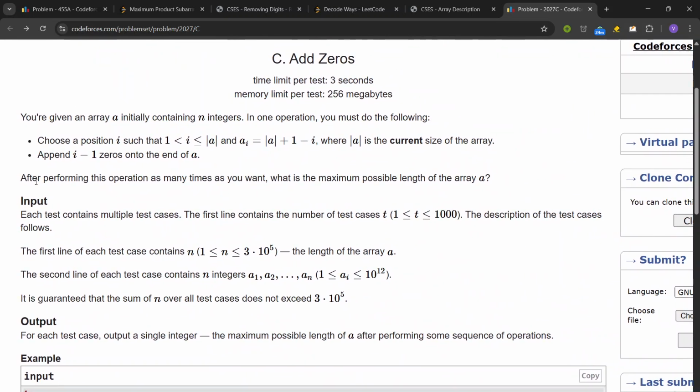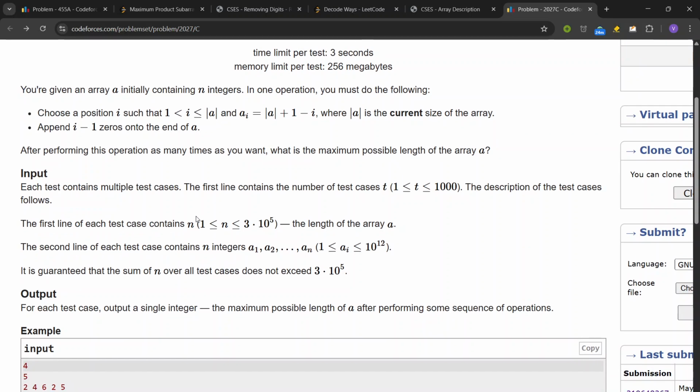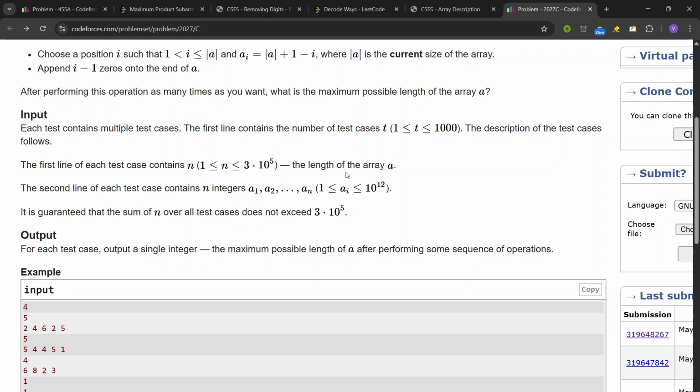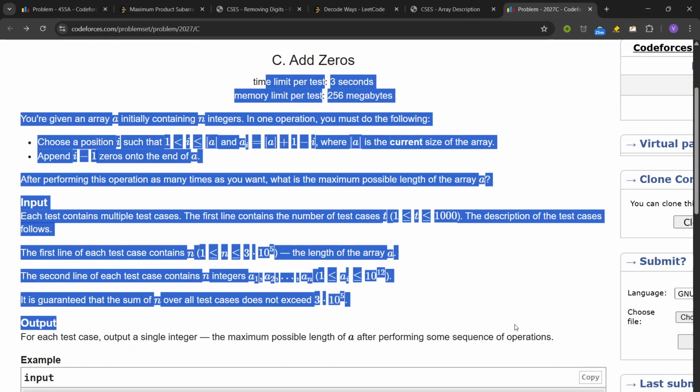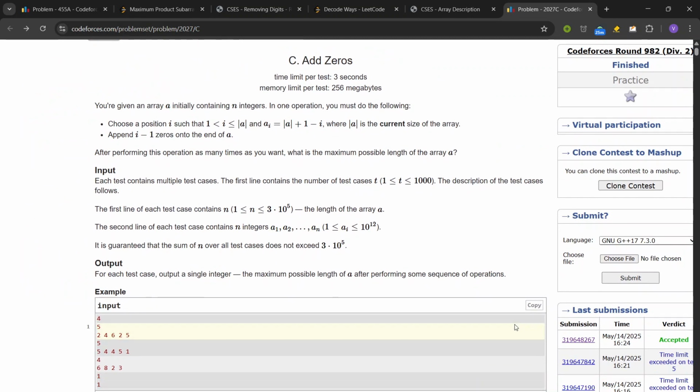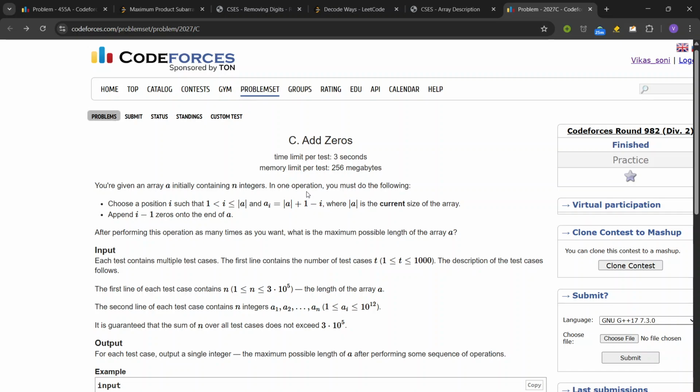Try to think of this question. Let me give you a hint: instead of storing DP as a vector of integers, it will have the DP as a map of something. This is a nice one, so please try to solve this question.